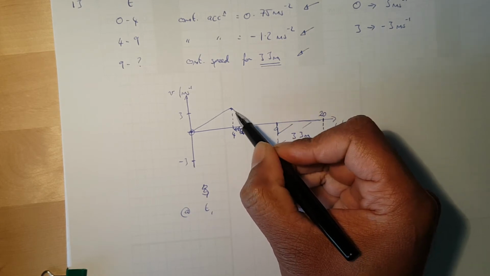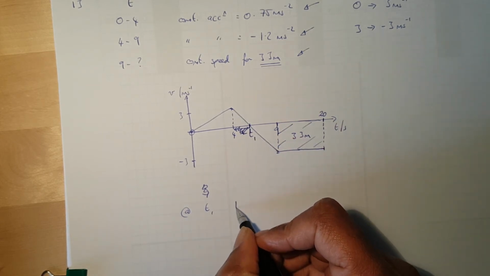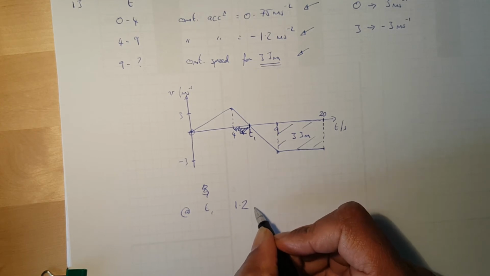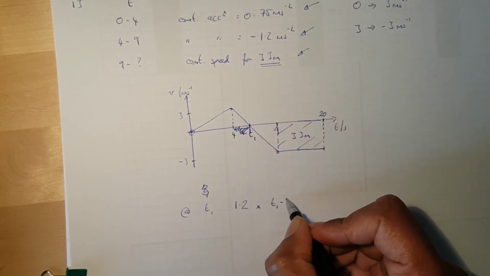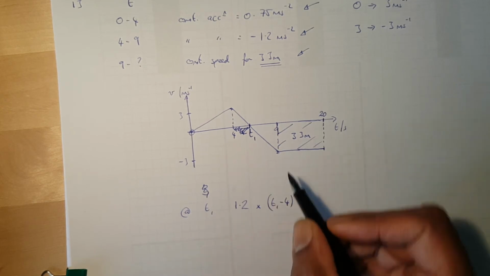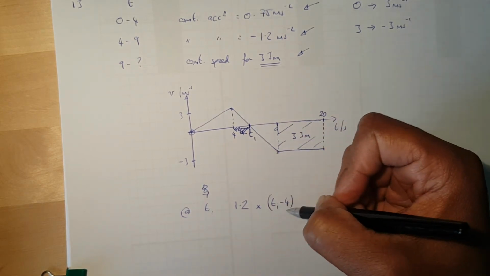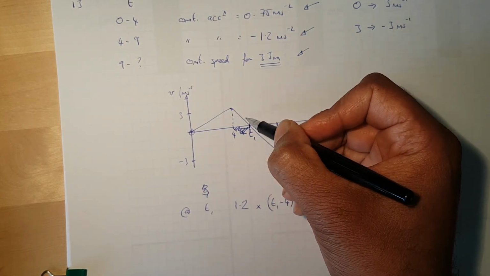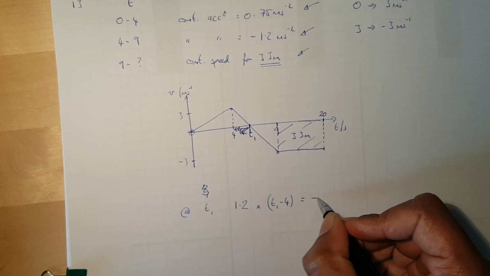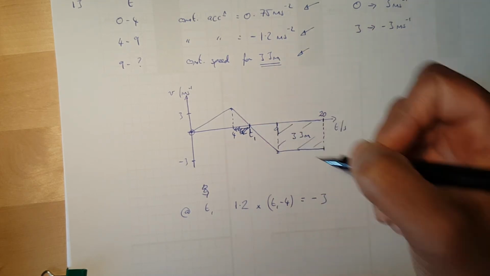And I've done that with an acceleration of 1.2 meters per second squared, multiplying it by a time of T1 minus 4. So that acceleration times that time must equal -3, because I've taken that 3 and brought it down to 0.